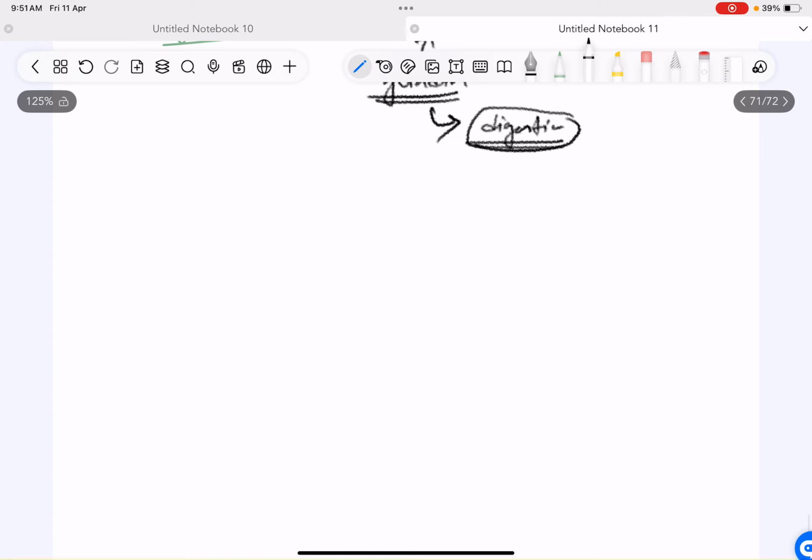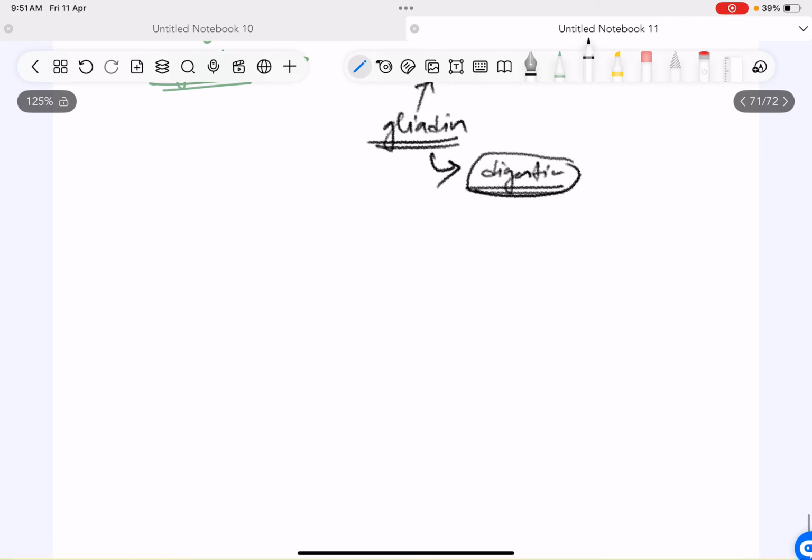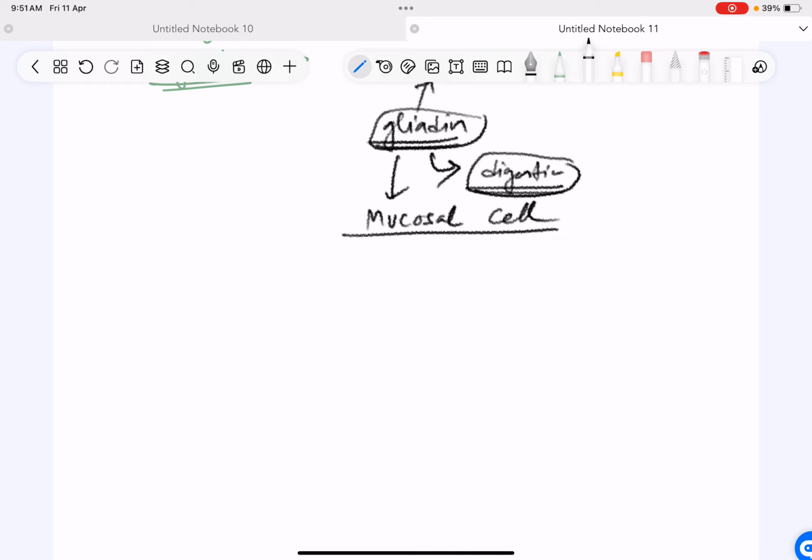See what happens. This undigested gliadin, when it goes inside the mucosal cells of the small intestinal mucosa, reaches intact. Beneath the mucosa is the lamina propria.